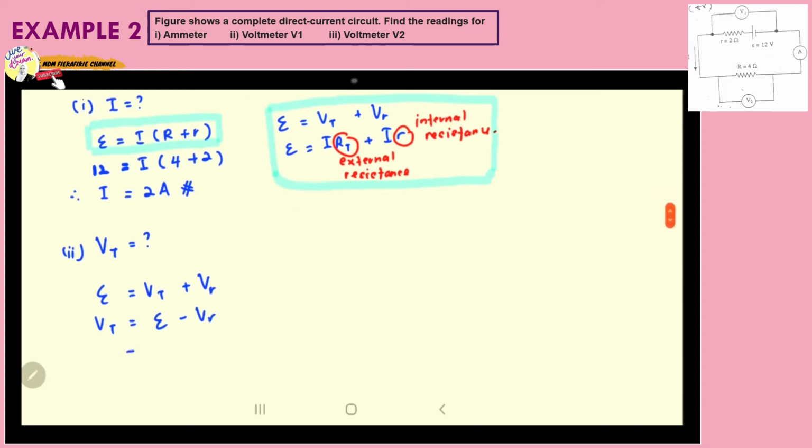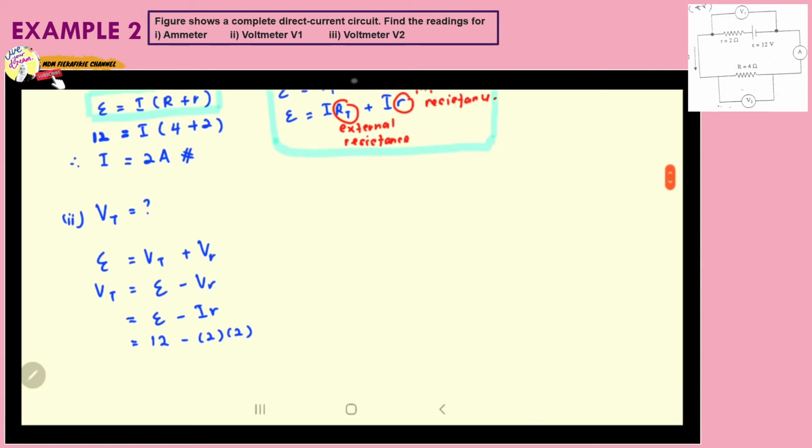So EMF minus Vr, where Vr is I times the internal resistance. Now EMF is equal to 12 minus I, which is 2, times the internal resistance, which is given as 2.